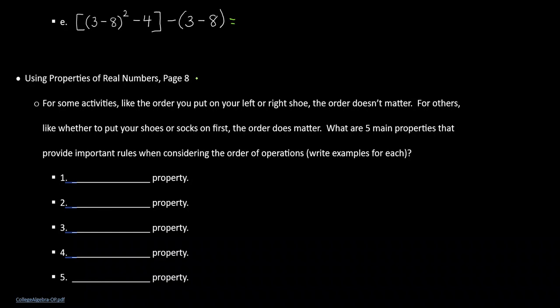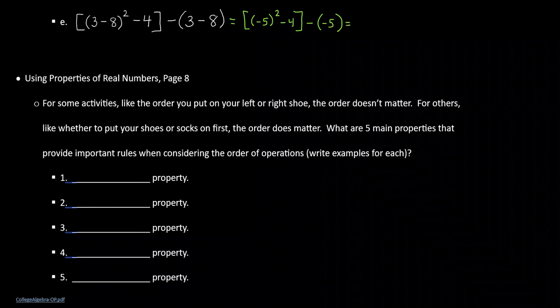So we'll go 3 minus 8 is negative 5. And then this is totally separate, so we can do this 3 minus 8 as well and get another negative 5, being really careful to keep everything in parentheses so that we keep our sign straight.